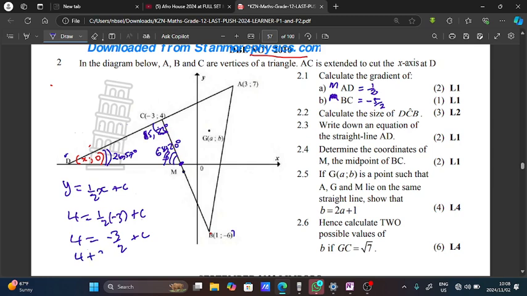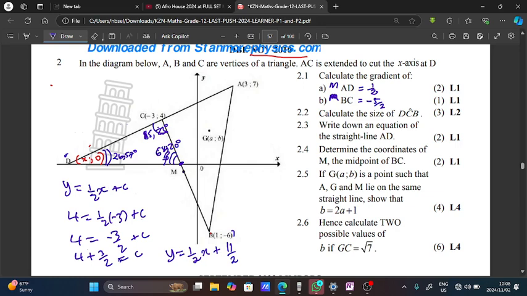4 plus 3 over 2 equals c. What do you get on the calculator? 8 plus 3, that will be 11 over 2. And what is the equation there? y equals half x plus 11 over 2.